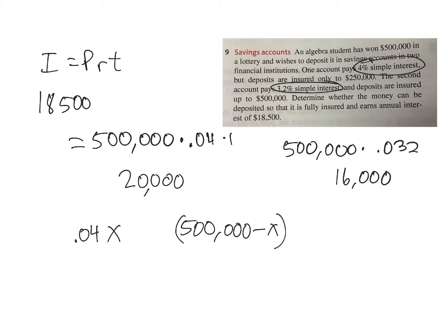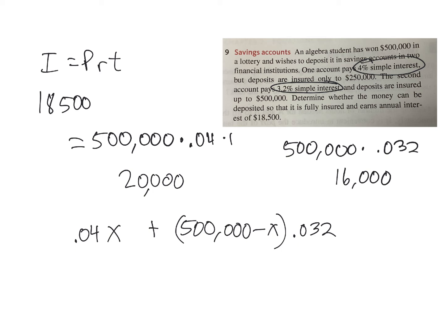All right, and if we take that and multiply it by the 0.032 or 3.2%, and that is going to cover everything that we put into the bank account, okay? So if we add these two together, this is going to equal how much you need to invest in each one at that interest rate.